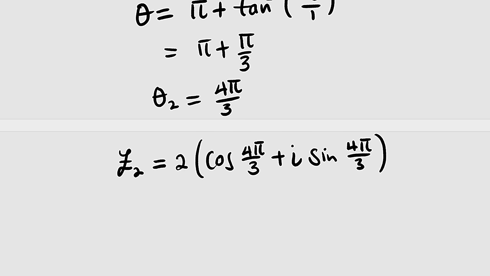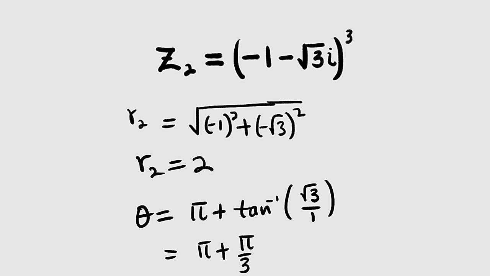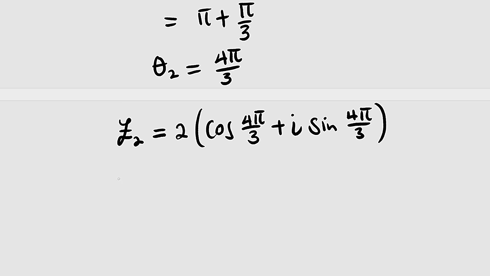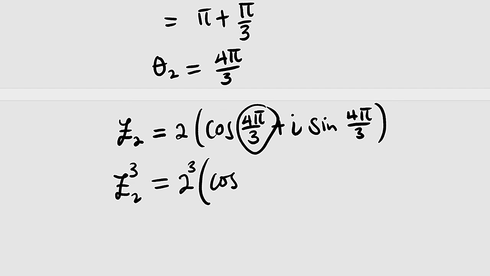But remember, our complex number is to the power of 3, so we are going to take it to the power of 3. Z2 to the power of 3 is equal to 2 to the power of 3, then multiply by cosine of the angle multiplied by 3. 3 will cancel 3, leaving only 4 pi here.